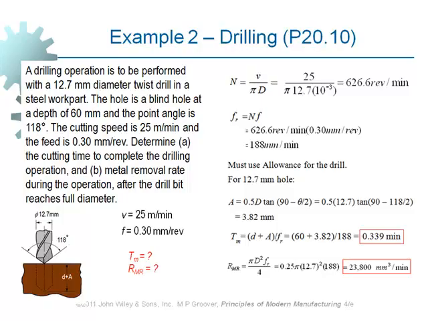What I mean is that up here, for D, what we have substituted is the diameter of the drill bit, not the workpiece. In the previous problem, it was the diameter of the workpiece. So we need to keep this in mind.